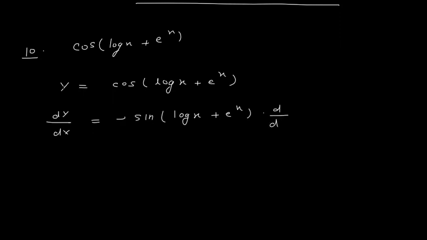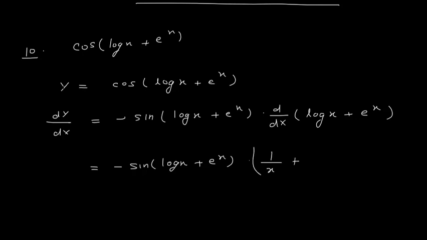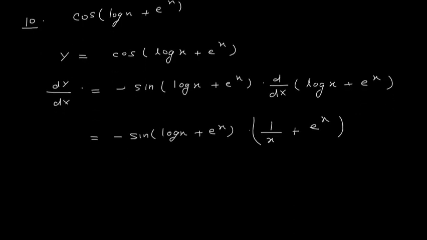Then we have d by dx of log x plus e power x. So this is minus sine of log x plus e power x into, now derivative of log x is 1 upon x plus the derivative of e power x is e power x.